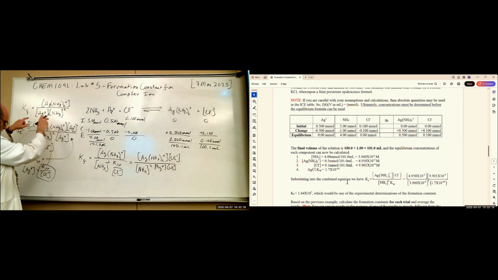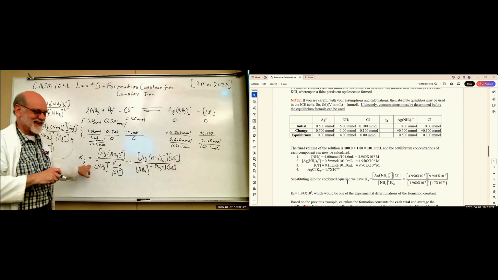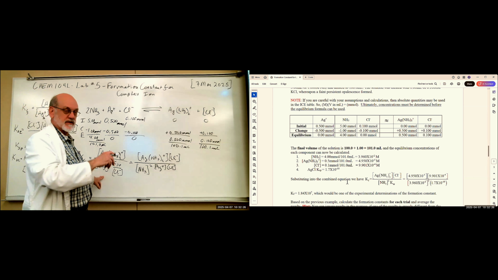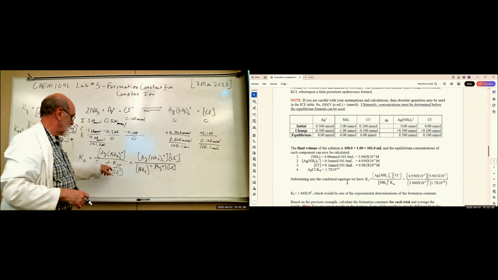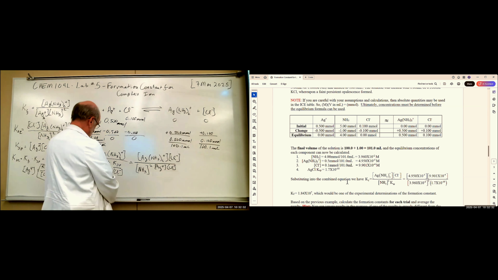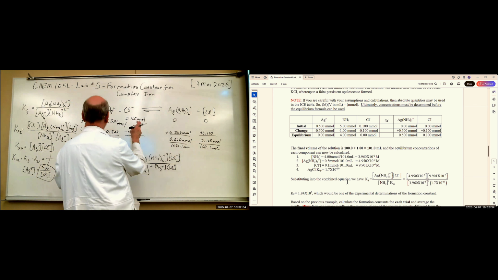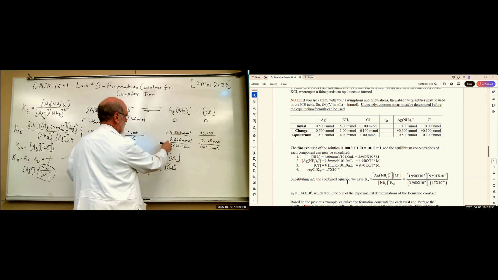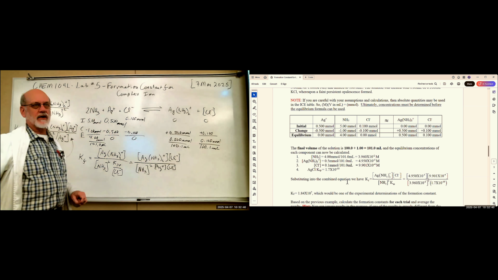No, not this one. Erased. Oh, here it is. Here it is. Excuse me. We don't have the silver ion in here because it's canceled from both sides. We have the KSP, we have the chloride concentration, we have the ammonia concentration here, and we have the complex ion concentration there. Then you can calculate your value.